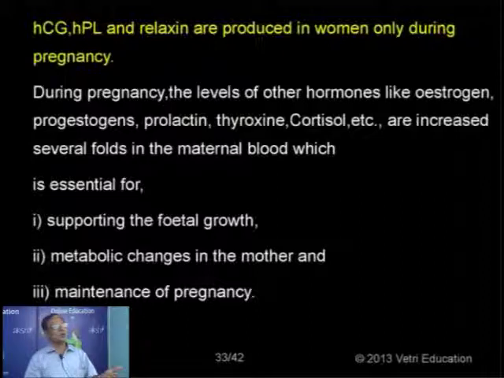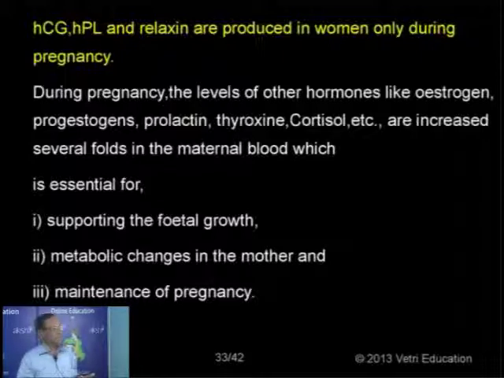Along with these hormones, thyroxine is also increasing, and the hormone from the adrenal cortex is also increasing, because these are hormones concerned with carbohydrate metabolism. Thyroxine and cortisol play a major role in carbohydrate metabolism.